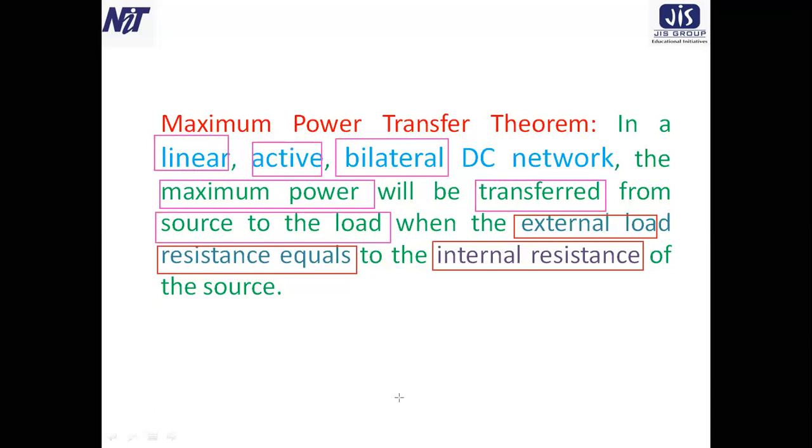So we have to calculate the internal resistance of the circuit. If the value of the internal resistance of the circuit and the value of the load resistance, that is the external resistance considered here, are the same, then we can say that the maximum power will flow through the circuit. So this is the meaning of the maximum power transfer theorem.